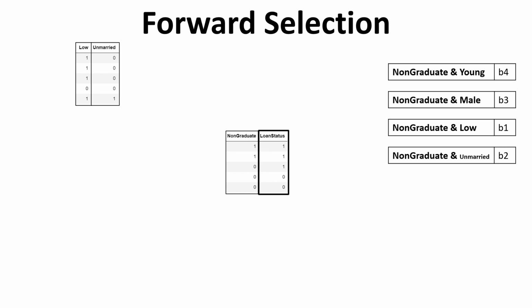This process continues until the point from where we start seeing a decline in accuracy. There will be an optimal point, and after that the accuracy will start declining. So in the next iteration you would have this pair fixed, and out of the remaining 3 features you will try them one by one.